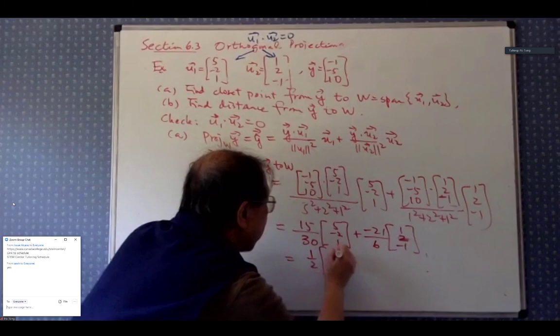Okay. What do I get? The first one is going to be negative 1. The second one is negative 8. The third one is... is it correct? I think it's correct.